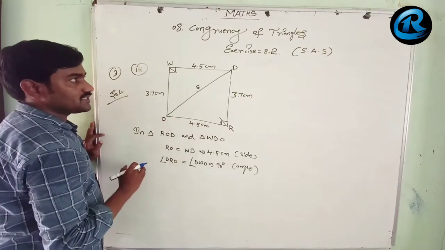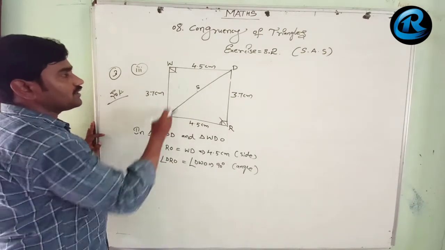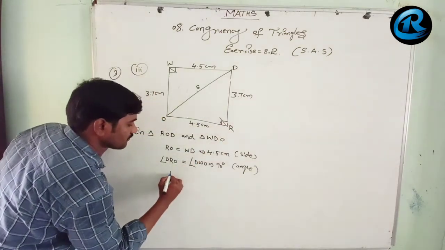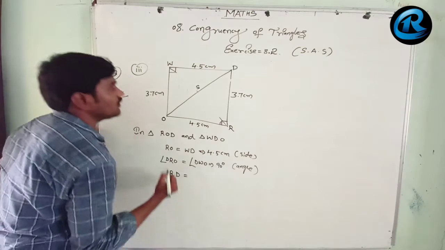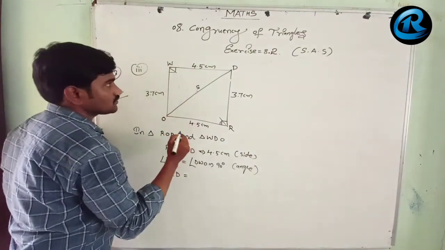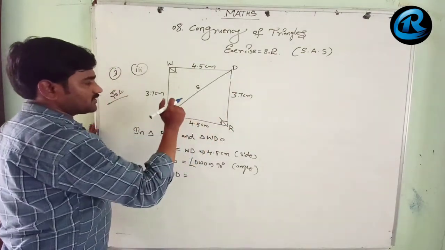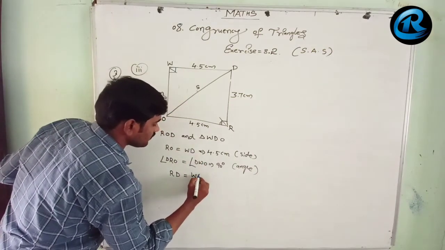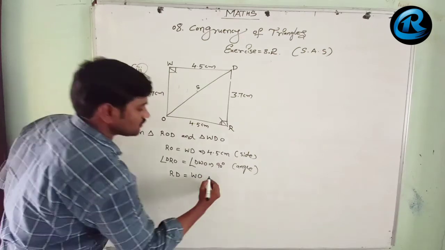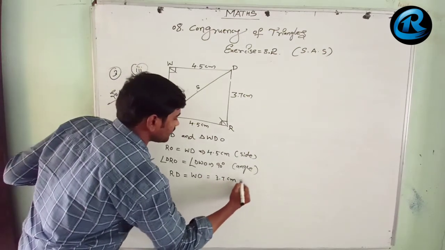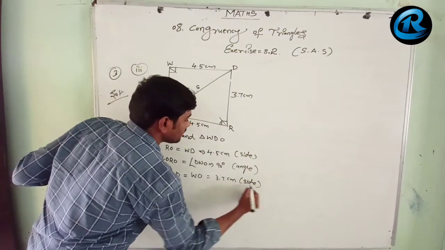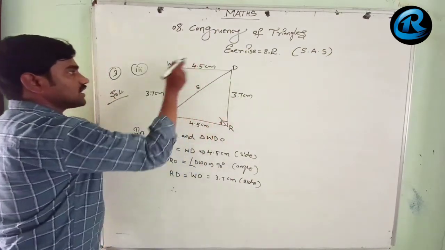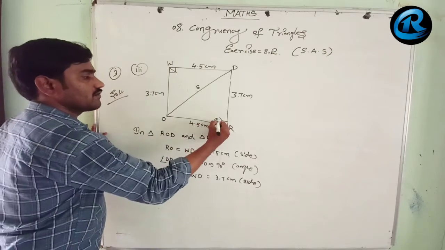Now RD equal to 3.7 and WO equal to 3.7 centimeter. This is also a side. Now we can say side angle side, they are equal.